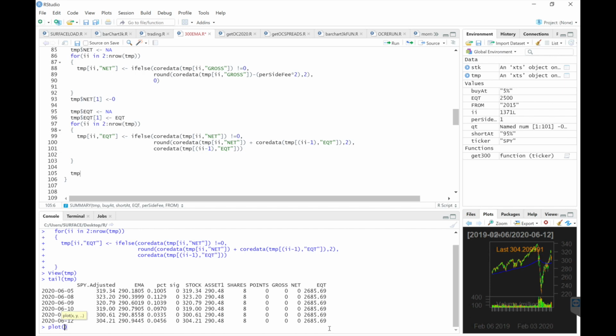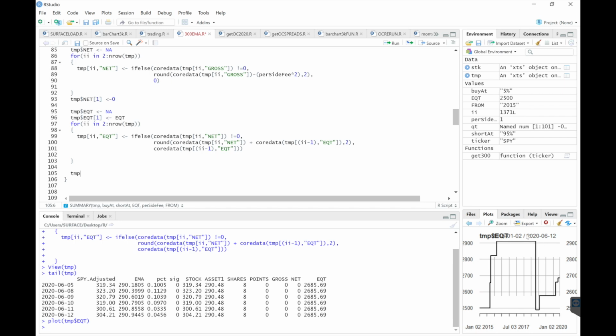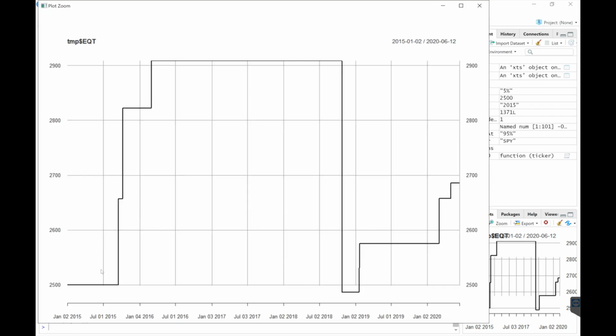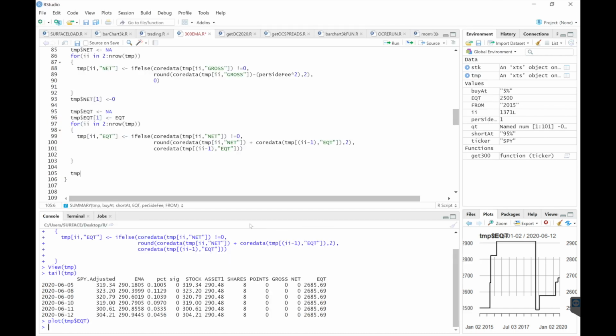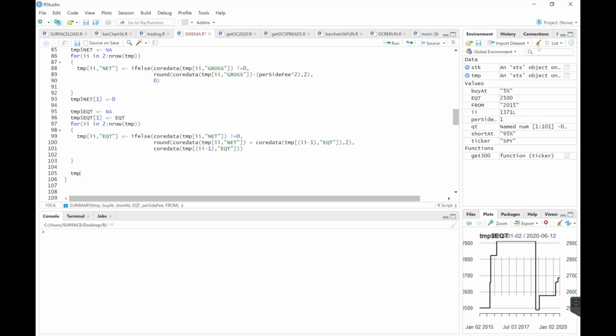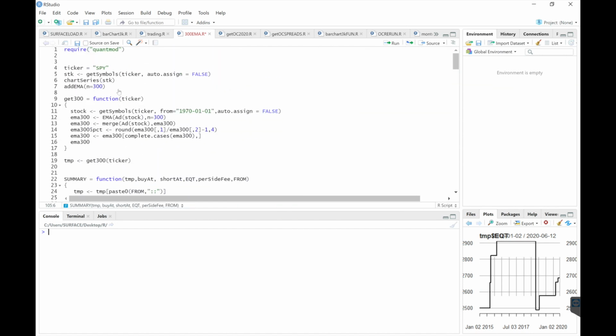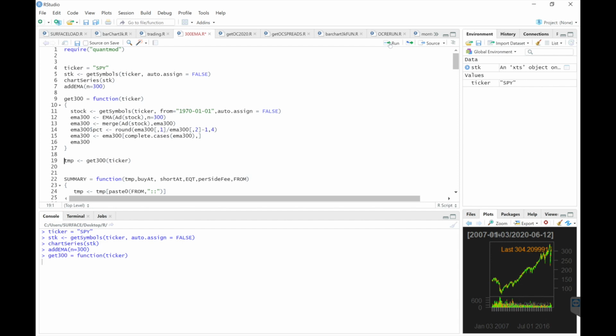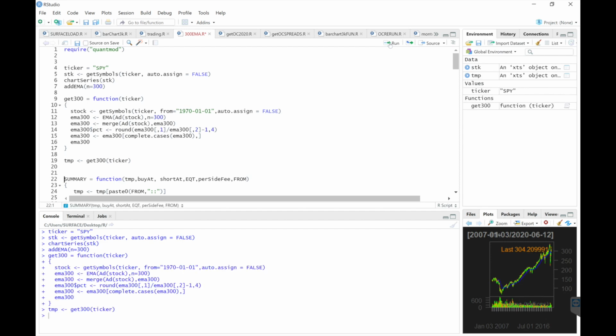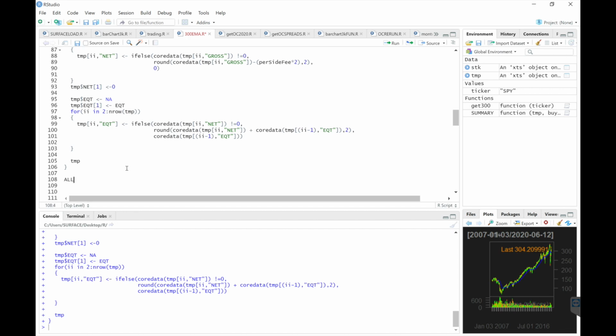So we'll take a look at a plot. So here we saw some gains. Looks like we lost some money and now it's getting back up. Alright, so now I want to get rid of everything. I'm going to rerun this. So now we'll run this function.